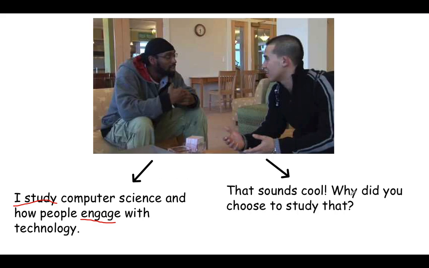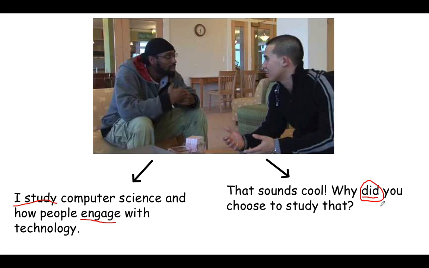"That sounds cool. Why did you choose to study that?" So even though he just said "I study," which is simple present tense, meaning he does it a lot, he made the decision in the past to study computer science. So that's why his friend is asking, "Why did you choose to study that?"